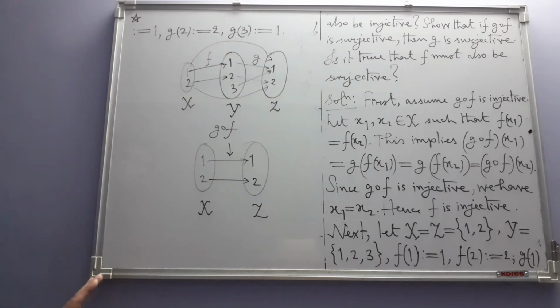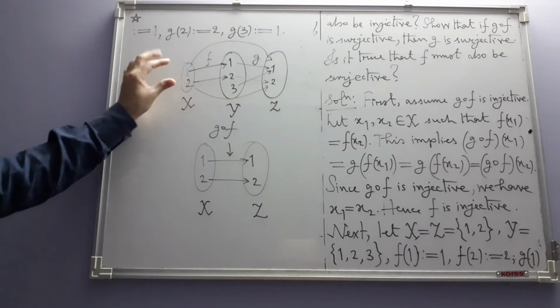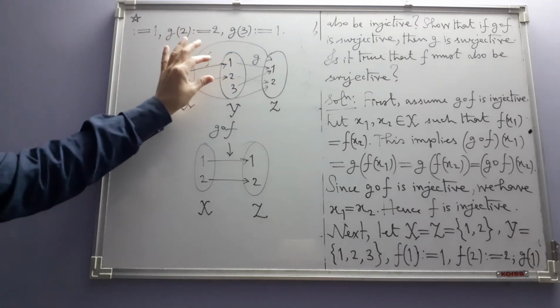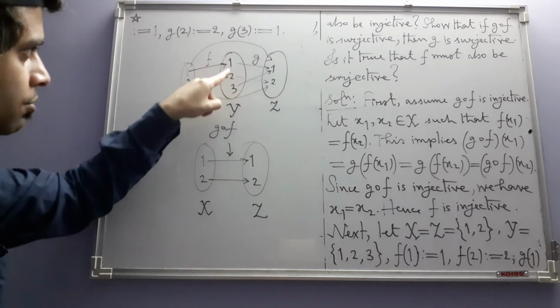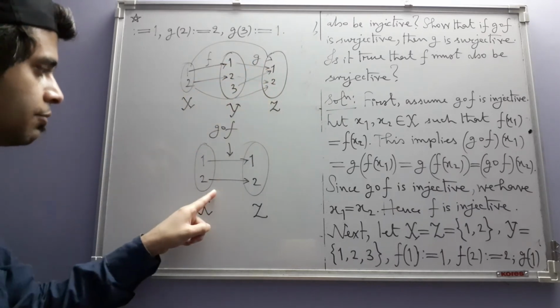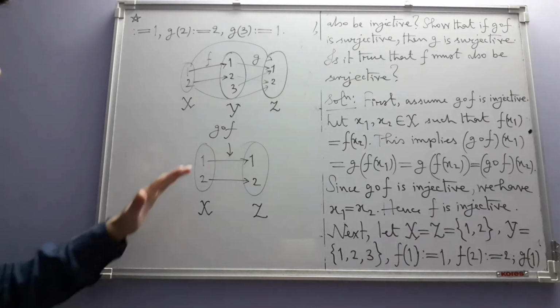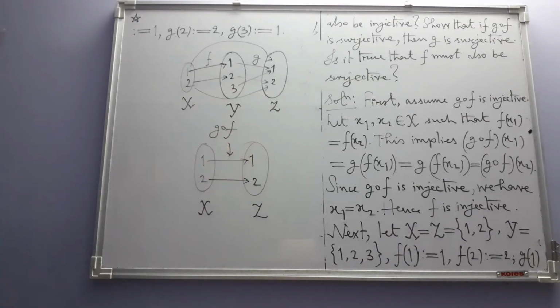So you can see that f is injective because it maps different elements onto different elements. G is not injective. It maps both 1 and 3 onto the same element, but G composition f nevertheless is injective. Okay, so even if G composition f is injective, G need not be injective.